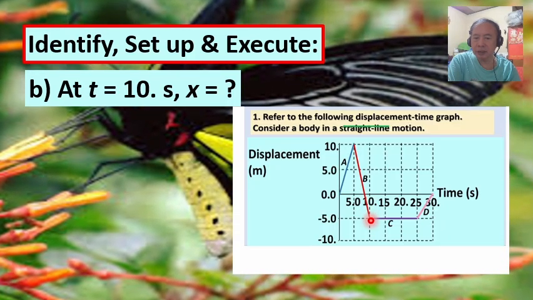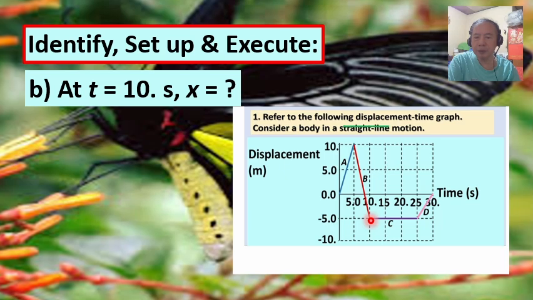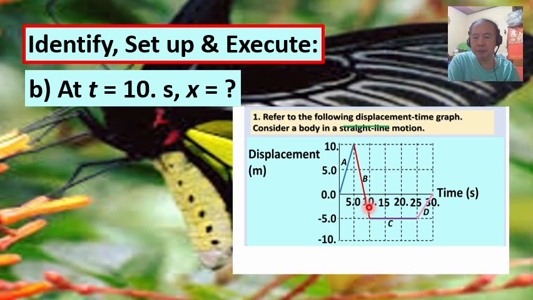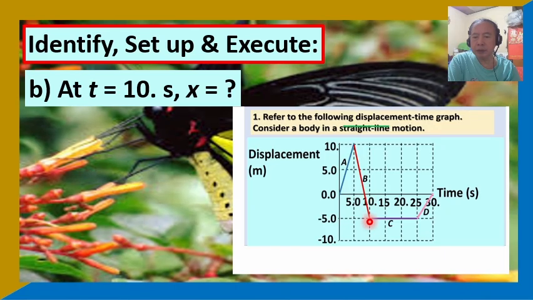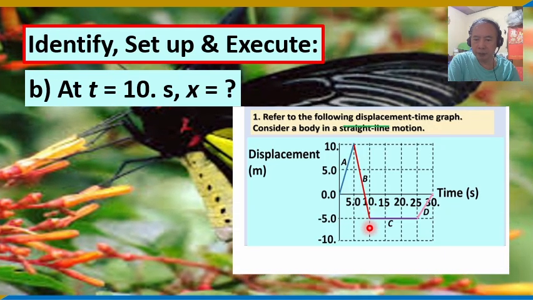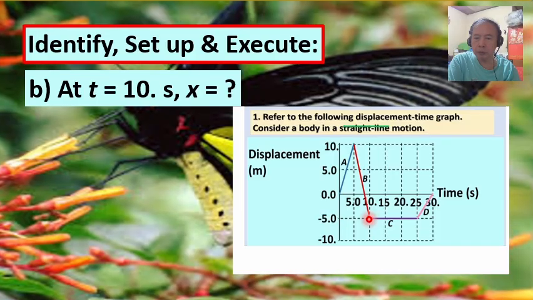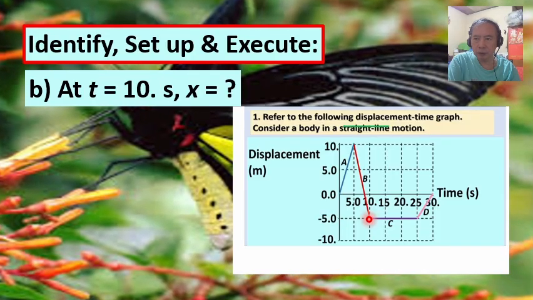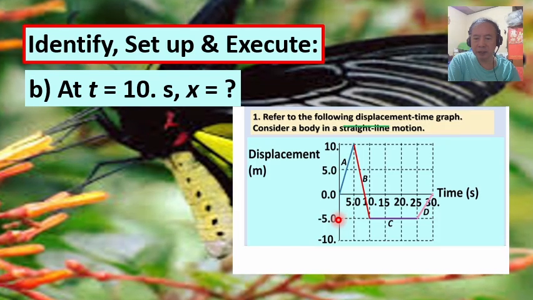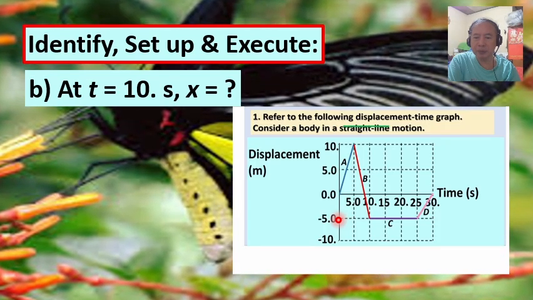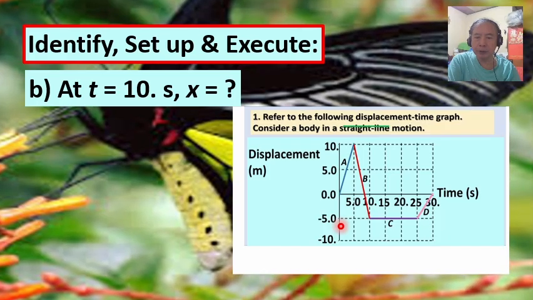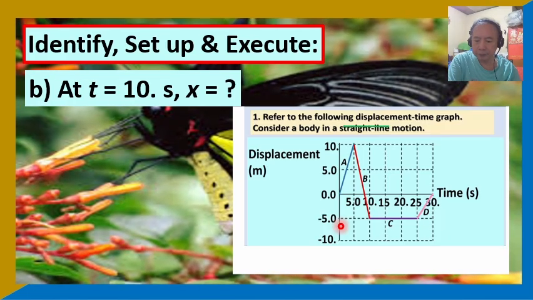And its corresponding displacement value can be determined by moving the cursor from that point to the left, and you will see that the corresponding displacement value is negative 5.0 meter.